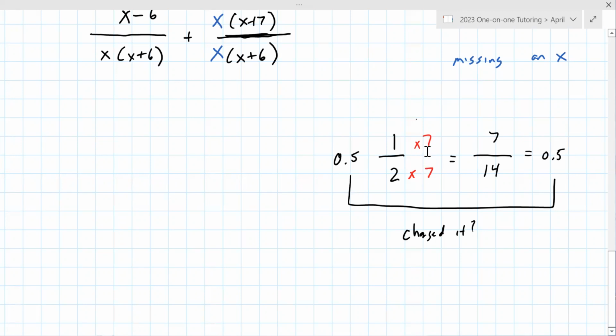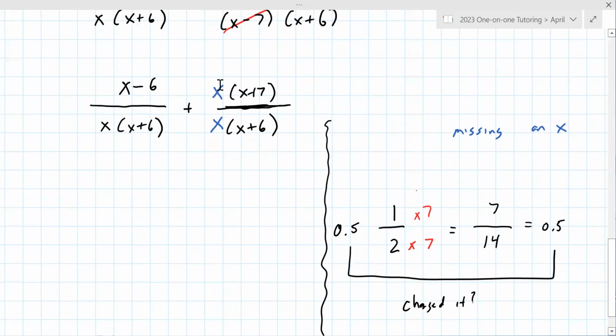This is just a simple numerical example of saying if we multiply the top and bottom by the same thing, it does not change the outcome. That's as far as I want to go in terms of getting you to buy into this. But if we go back to our problem, by multiplying the top and bottom by X, there's no net change. All right, so we do have to just go with it for now.